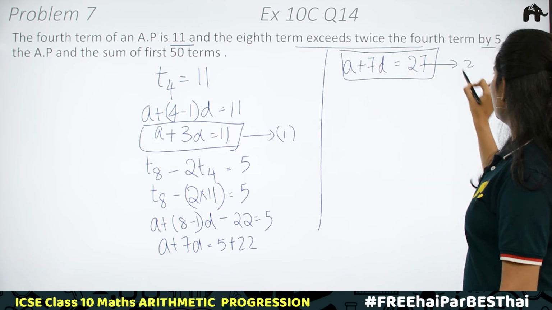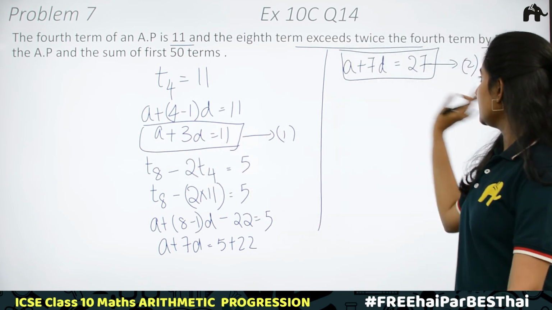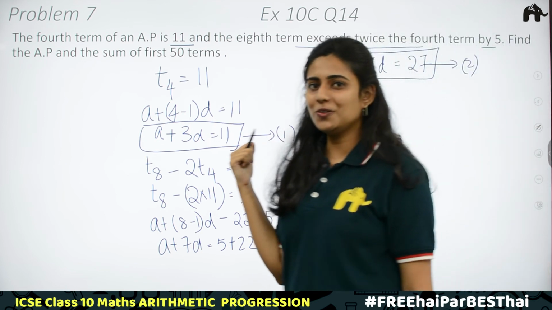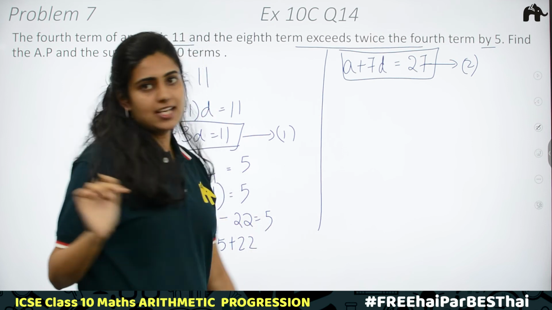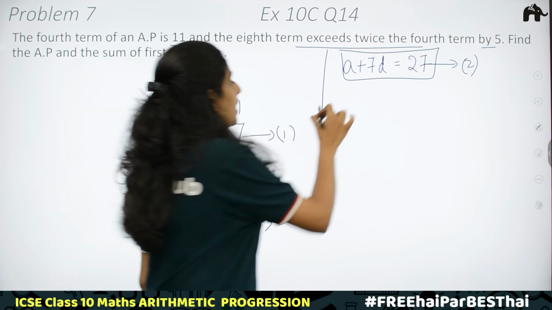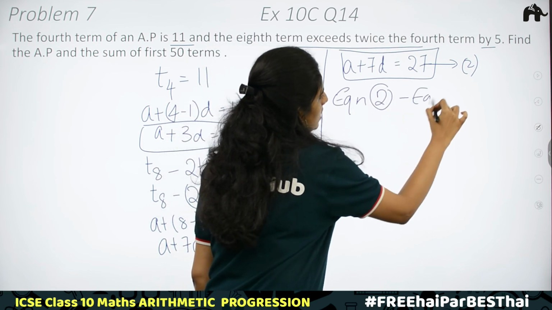We got two equations. Equation 1, A plus 3D is equal to 11, and the second equation, A plus 7D is equal to 27. Next, what to do? We have to compare these equations to find the values of A and D. Equation 2 minus equation 1.